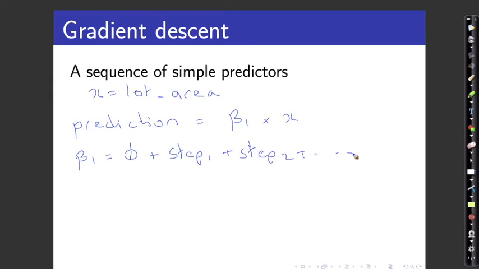This means that we can actually write our prediction as follows. Prediction equals step 1 times x plus step 2 times x, and so on.